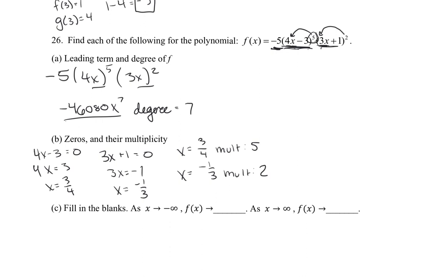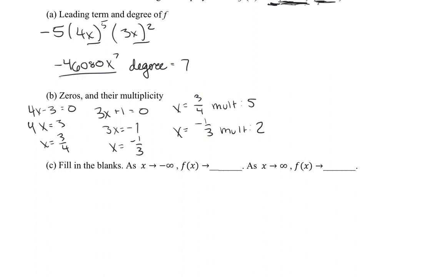All right, fill in the blanks. As x goes to negative infinity, f goes where? And as x goes to positive infinity? With that, we can look at our leading term here, negative something to the 7th. We know that this is negative and this is odd.